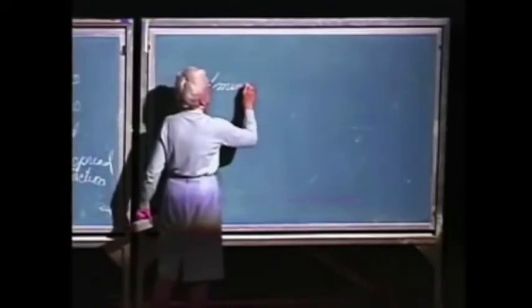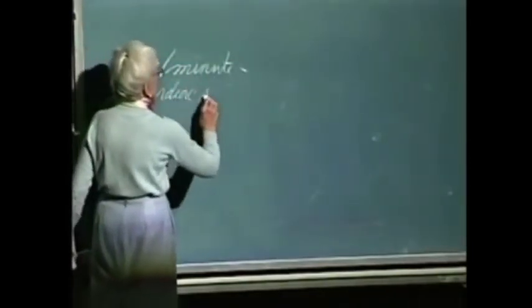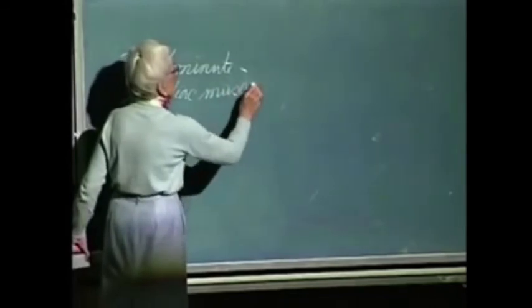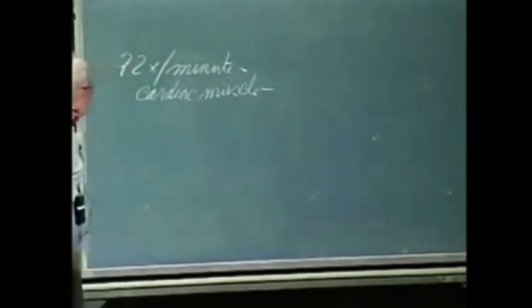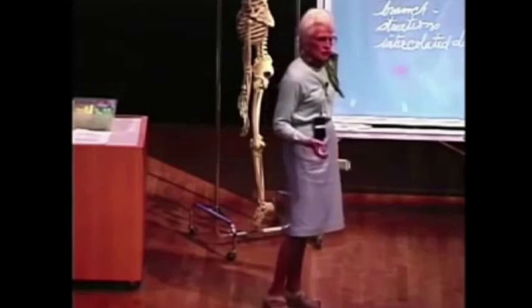With subject matter this daunting, what makes this class so popular? Your cardiac muscle beats about 72 times per minute. Now, I have to do this so that you really know it. We're going to close our fist 72 times. See how your hand feels after one minute. 1, 2, 3, come on. 4, 5, 6, 7, 8, 9, 10.